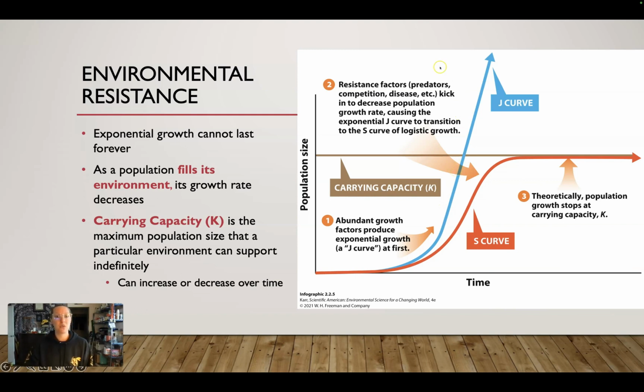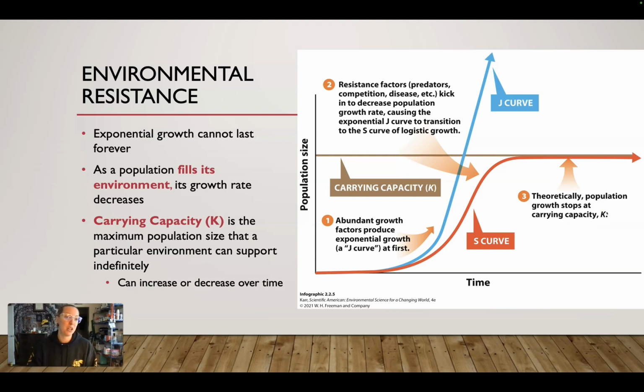And once some of these resistance factors kick in, like predators, competition, disease, then that can slow down the growth rate, causing our exponential J curve to transition into this more S curve sort of idea, where we level out at this carrying capacity, which we denote as the value K.